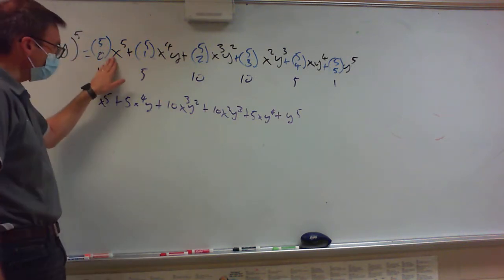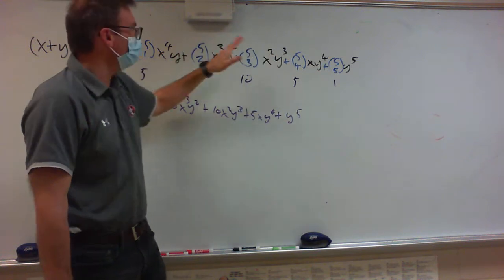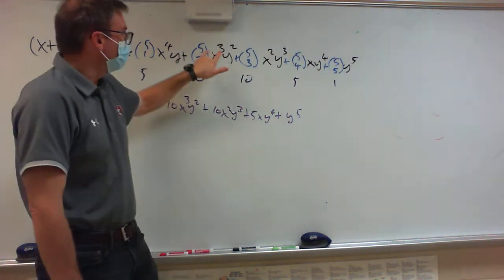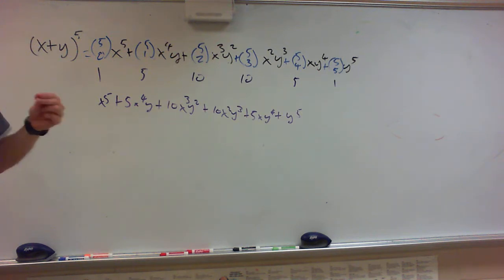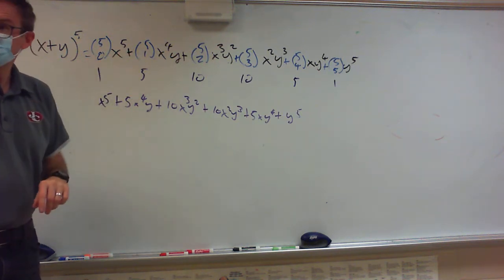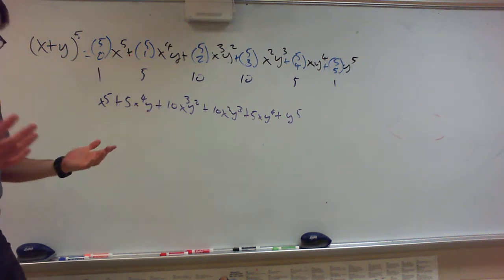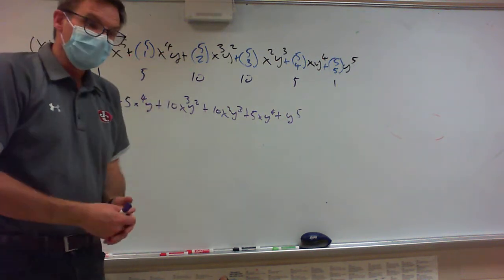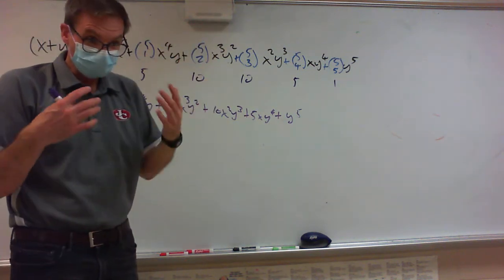So you think: x to the 5th, x to the 4th y, x cubed y cubed. Make sure the x's are going down, the y's are going up, and these exponents, when you add them together, give you 5. And then you need to worry about these numbers, the coefficients, and that whole combination thing, so that's 5 choose 0, 5 choose 1, 5 choose 2.